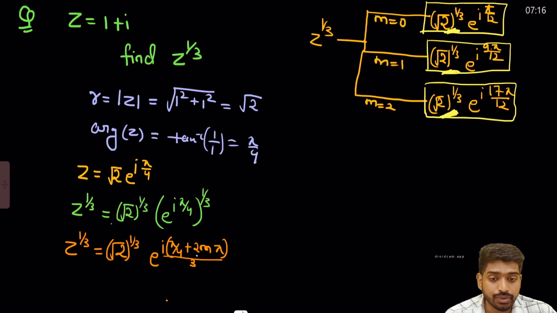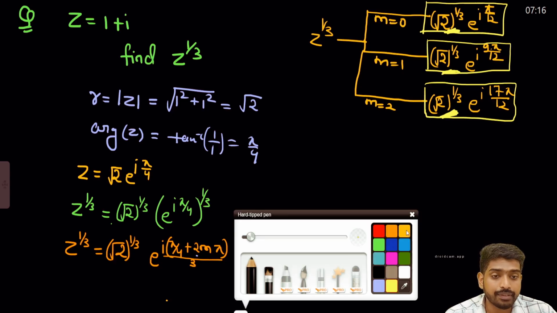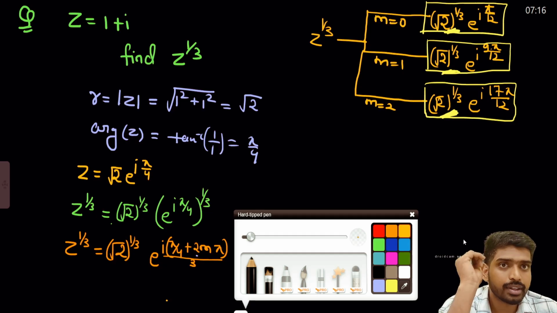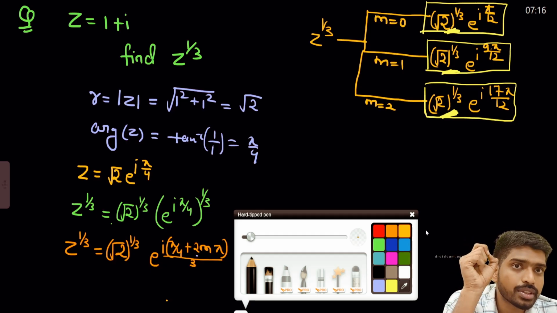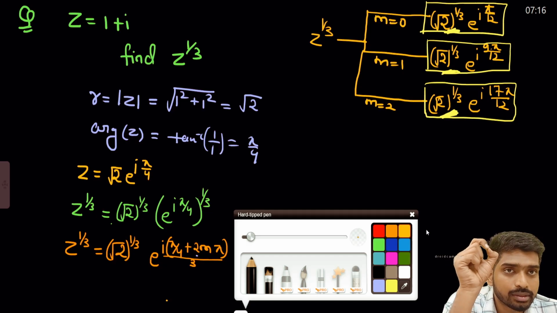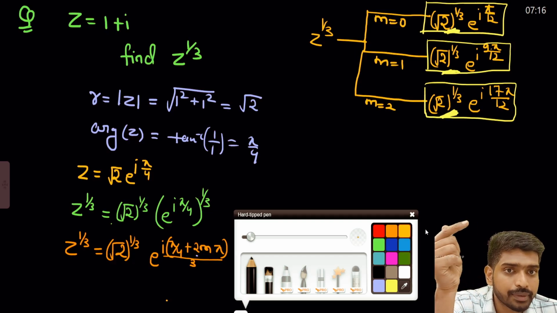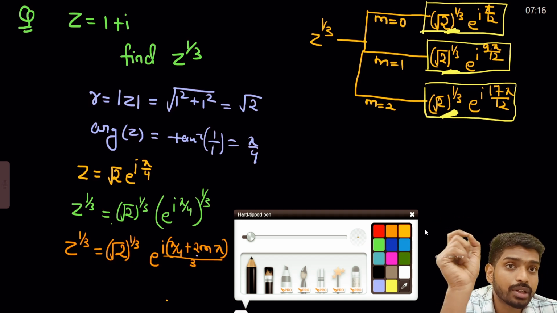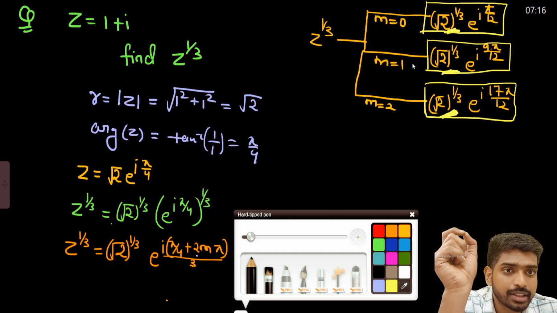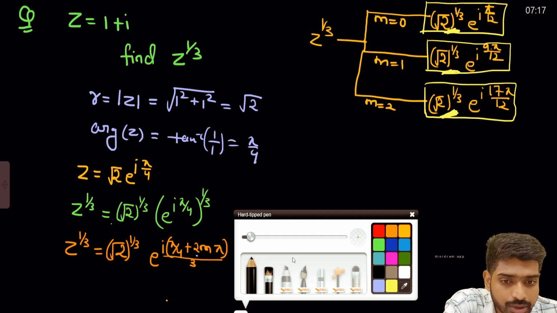Yes or no? So if you join these 3 points, every time you will get a regular polygon. Understood? If you are getting 4 solutions, you will get a quadrilateral with all sides equal. If the power is 1 by 5, you will get a regular pentagon. If here we are having 3 solutions, we will get a regular triangle, which is an equilateral triangle, which has all sides equal.